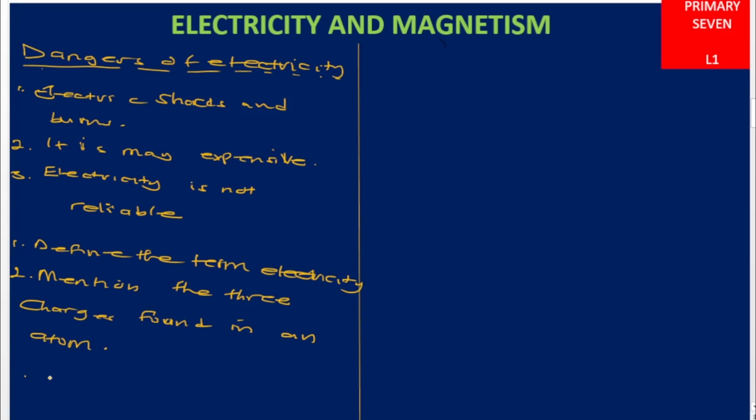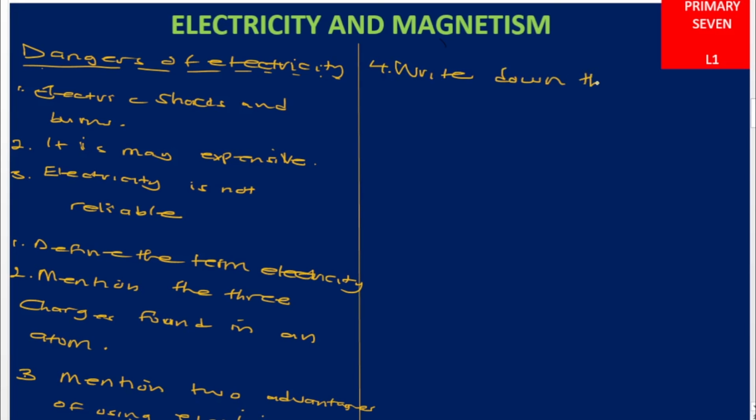Number 3, mention 2 advantages of using electricity. Then number 4, write down 3 uses of electricity at home.